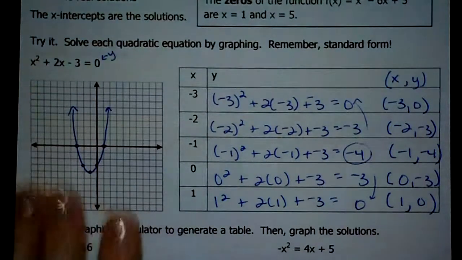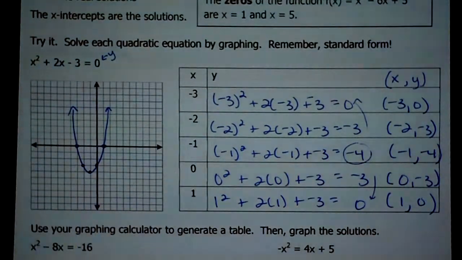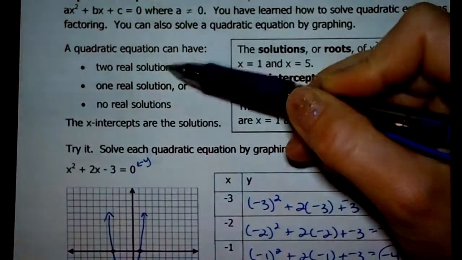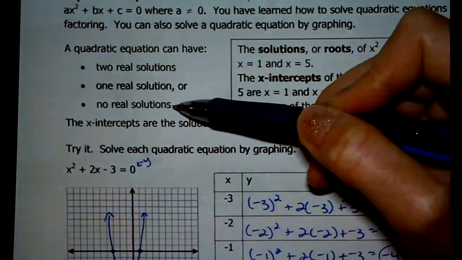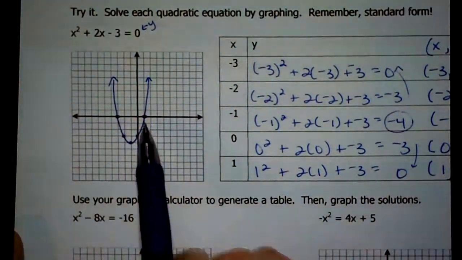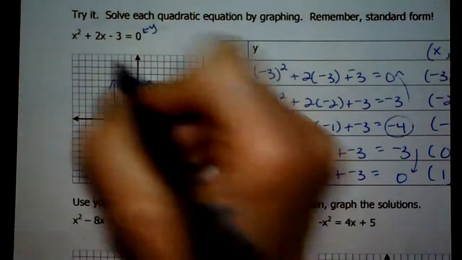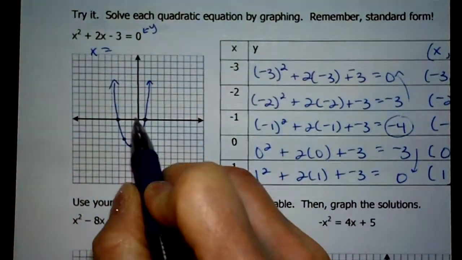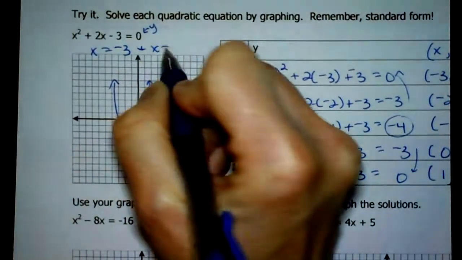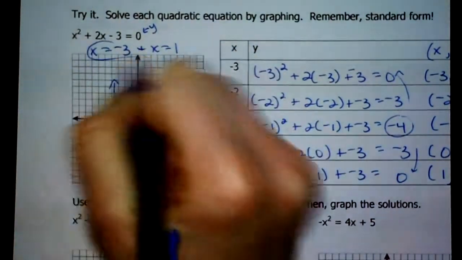Okay, so when looking at a graph, if I gave you this graph and said, what are the solutions, you would look at where this graph touches the x-axis, because those are considered the solutions. So up here where we said a quadratic can have 2 real solutions, 1 real solution, or no real solutions, this one has 2 real solutions because it hits the x-axis twice. One of those solutions is when x is negative 3, and the other solution is when x is 1.